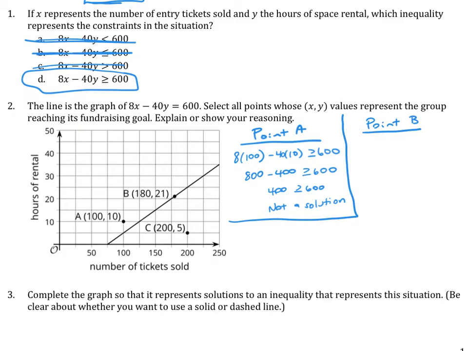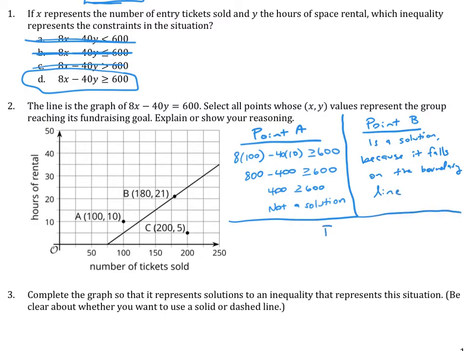So that tells us that the ordered pairs that fall on the boundary line are going to be possible solutions. So this is a solution because it falls on the boundary line. So we know point B is a solution.